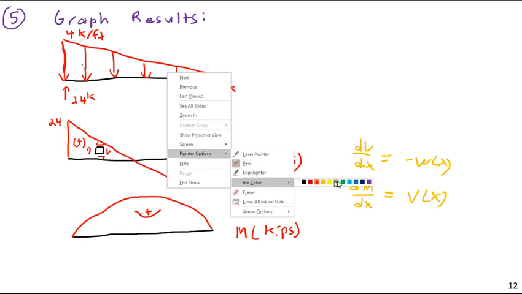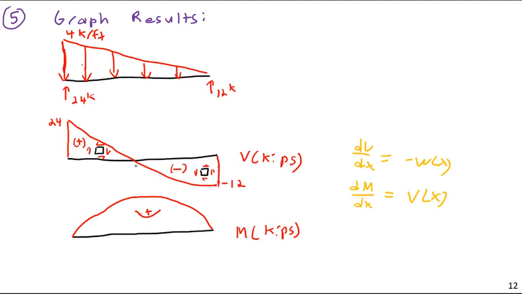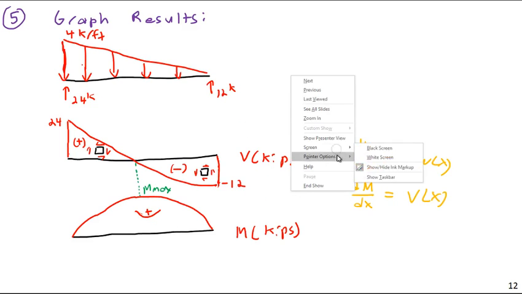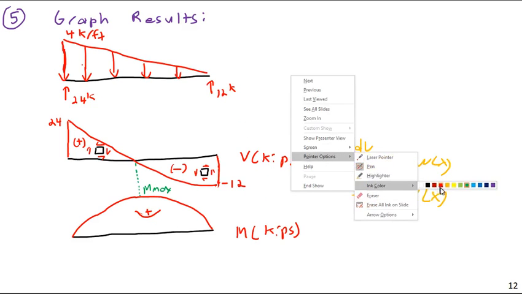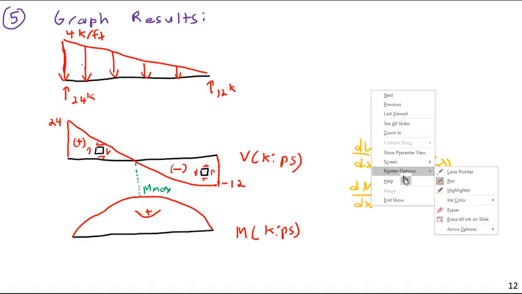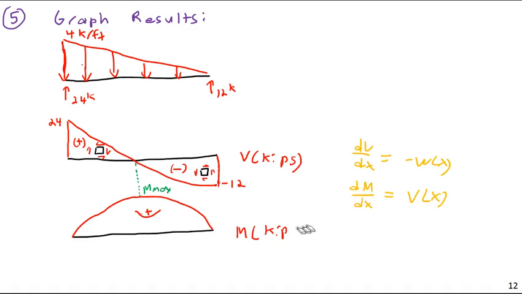And M max is going to be directly below the point of 0 shear. I don't have numbers on this one, but it wouldn't be too hard to calculate them. Alright, a little error in my units here. Moment is definitely not in kips, it's in kip feet.